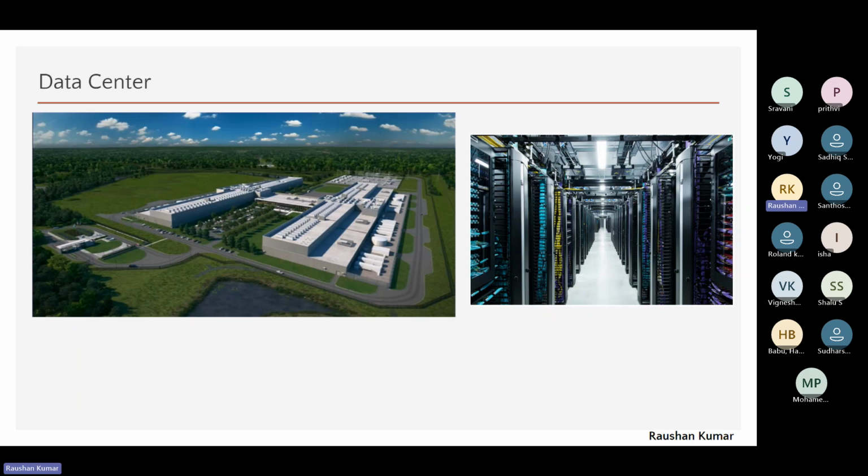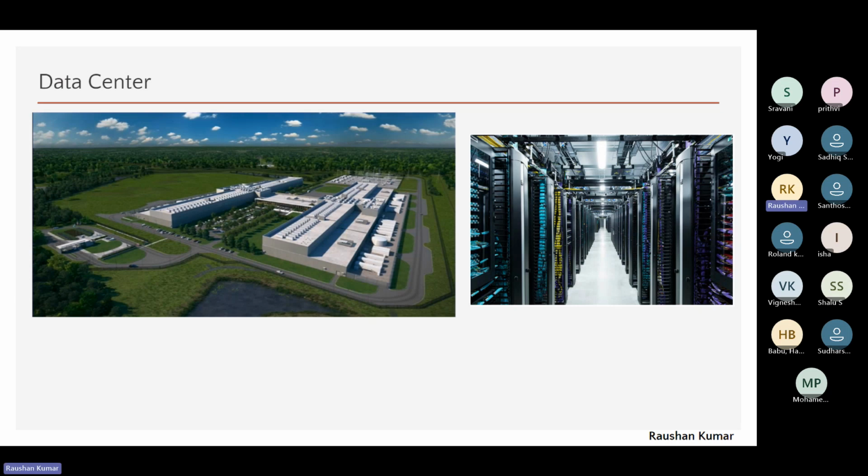These servers cannot run out of power. I need to have redundant power supplies. These servers cannot run out of internet. I should have redundant internet sources, right? I need security of this premise. I need to hire or recruit security personnel. These servers may break down. I need to have somebody to do the servicing of all those. So there's a huge cost involved.